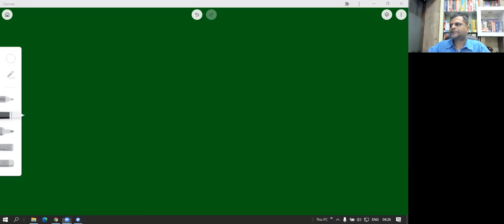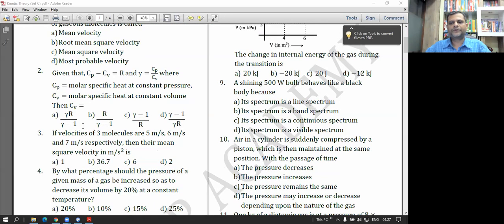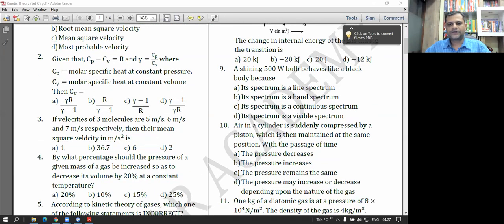Okay, let us see the MCQ here. This is the same sheet we have solved the MCQs of kinetic theory of gases from.